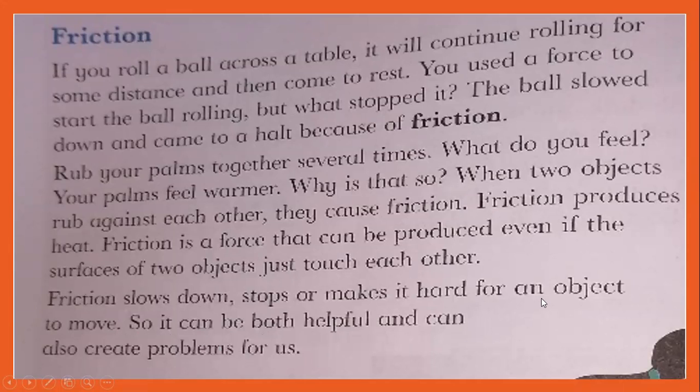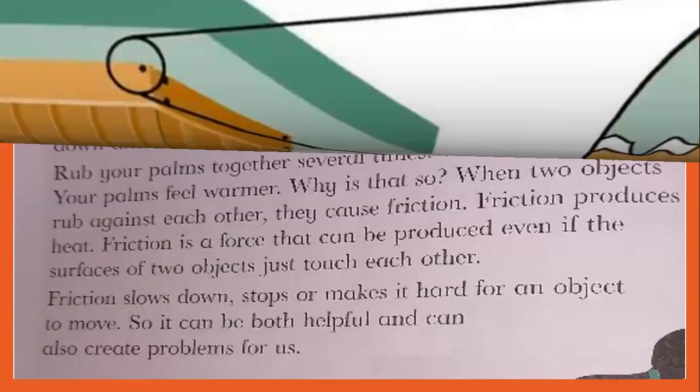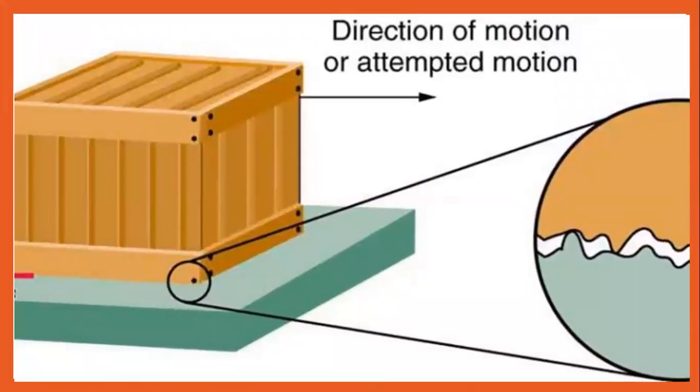Friction is useful for us and also sometimes harmful. We can write on the page due to friction. If there is no friction between the pencil and the page, we are not able to write anything on the page.